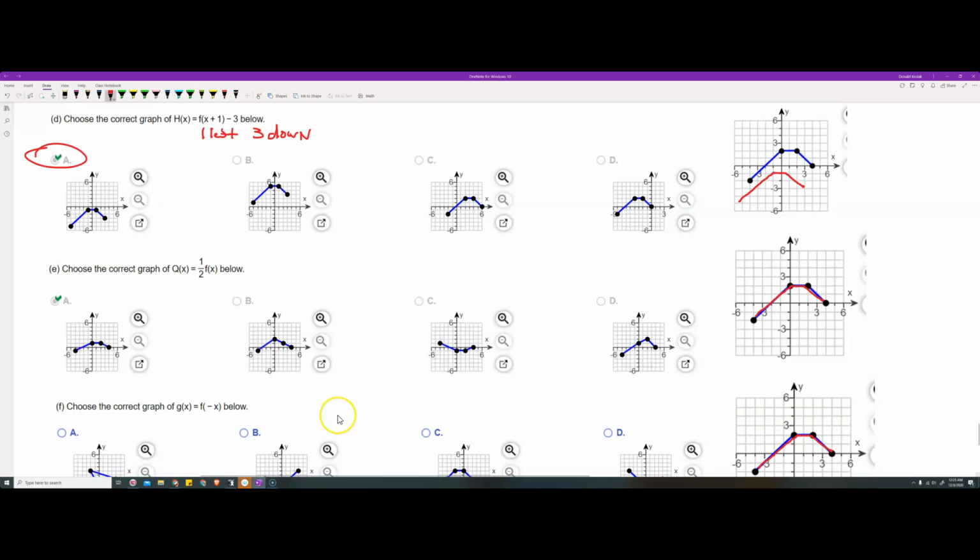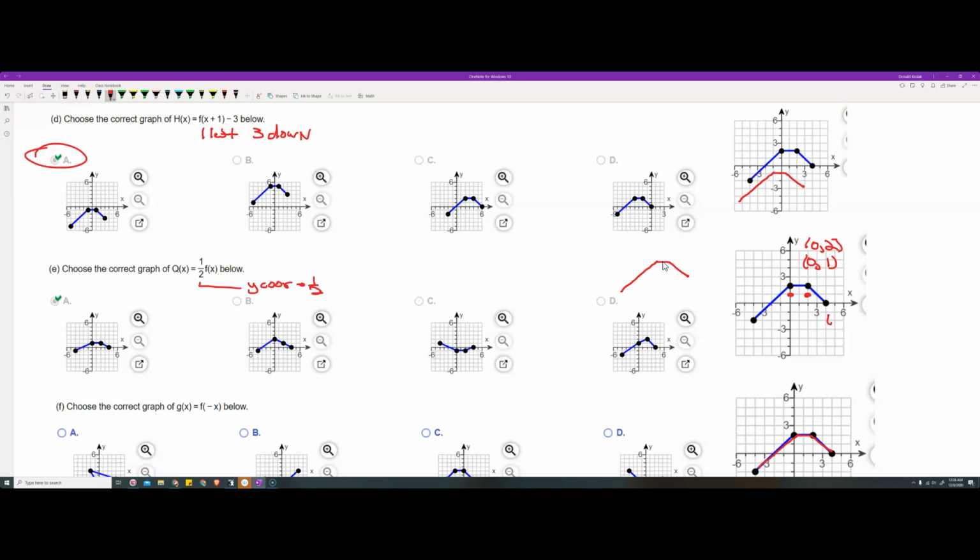All right, the next is a vertical squeeze. So I take each y coordinate times 1/2. Okay, it becomes half the distance to the x-axis that it used to be. So this point right here is at (0, 2). When I take the y coordinate and multiply it by 1/2, it becomes (0, 1). So it's half the distance closer than it used to be.